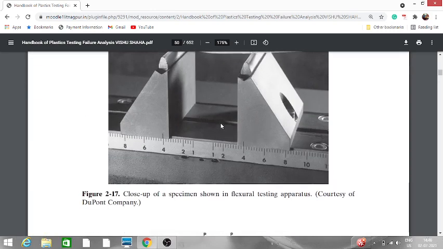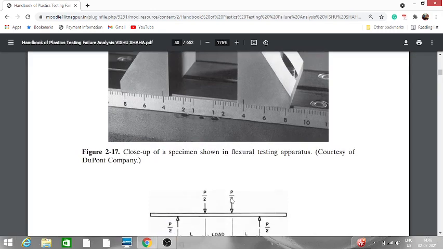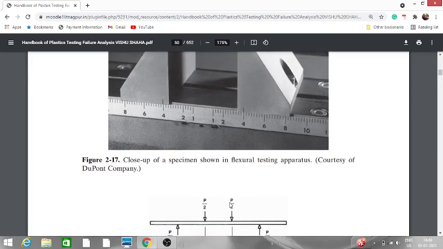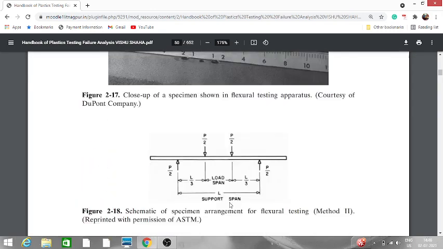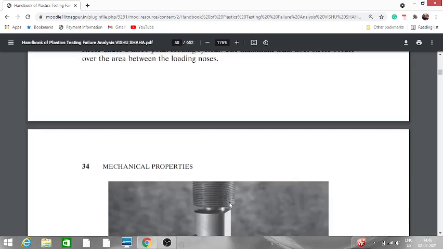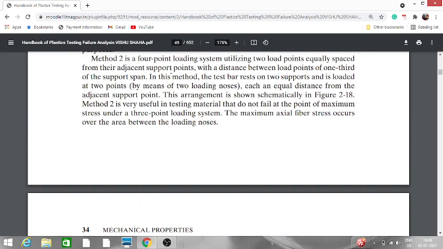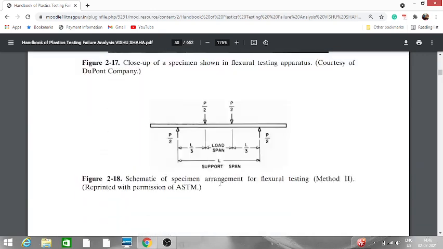See, this clamp is nearby, but in this method too it is quite far away. And it is a 4-point loading system, utilizing 2 points here and 2 points on the top.